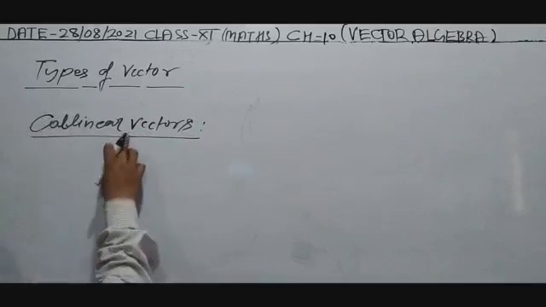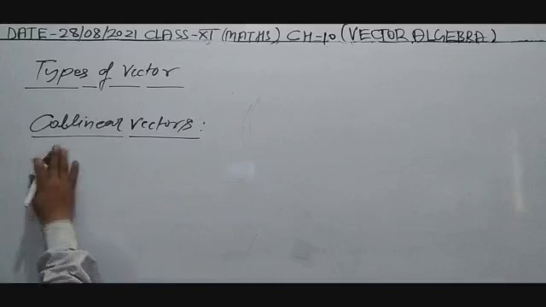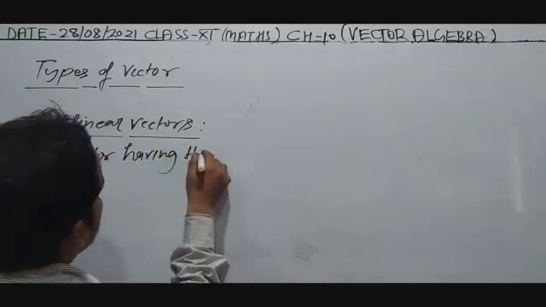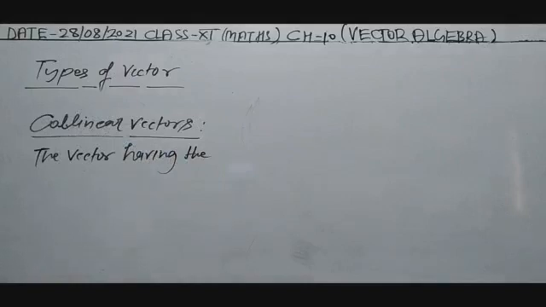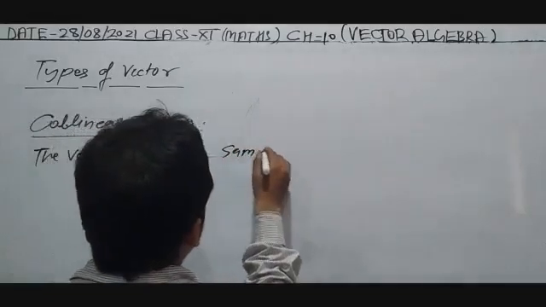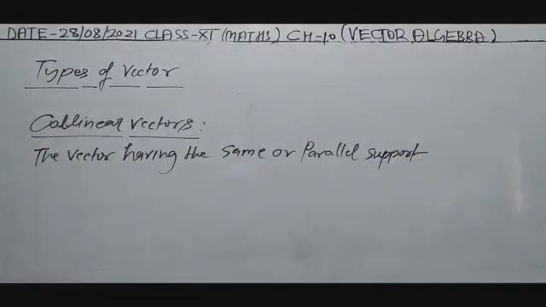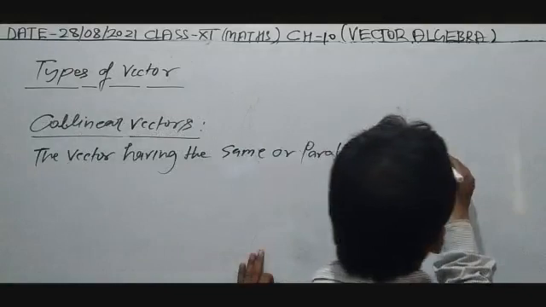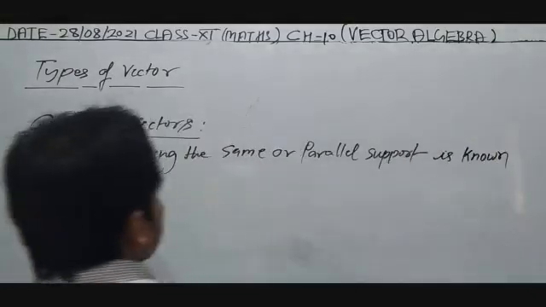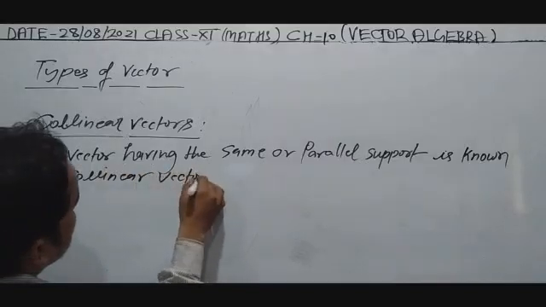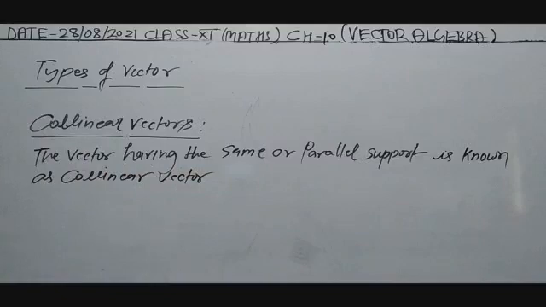We can say the vectors having the same or parallel support, that is known as collinear vectors.